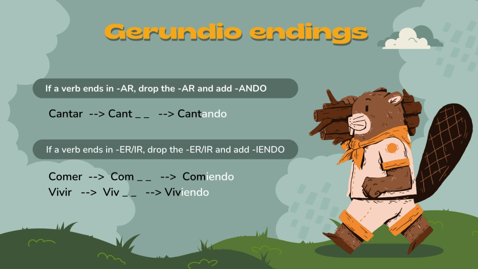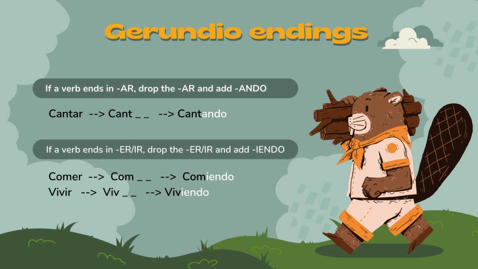So as you can see in the example, we have the verb cantar. We keep our stem, which is cant. We get rid of the AR. And then we add our ending, so we're left with cantando, singing. Now, for the other two forms of the verbs, which are the ER verbs and the IR verbs, we still drop that ending. So we still drop that ER or IR. And we're going to add iendo.